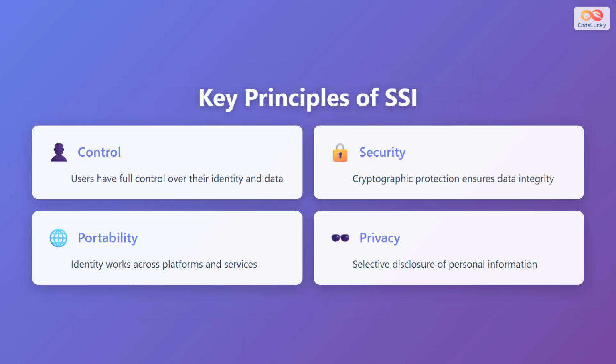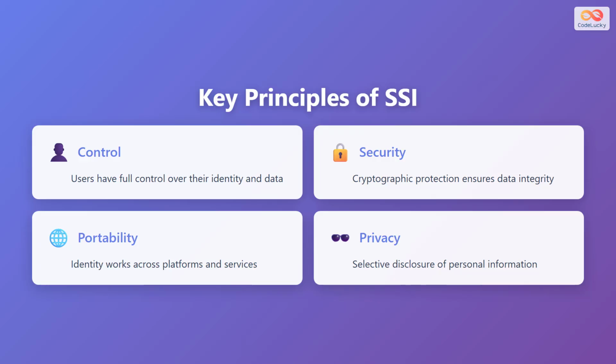Self-sovereign identity is governed by four key principles that ensure user empowerment and data protection. First is control. Users have full authority over their identity and personal data. No one can access or use your information without your explicit permission. Second is security. Cryptographic protection ensures that your data maintains its integrity and cannot be tampered with. Third is portability.